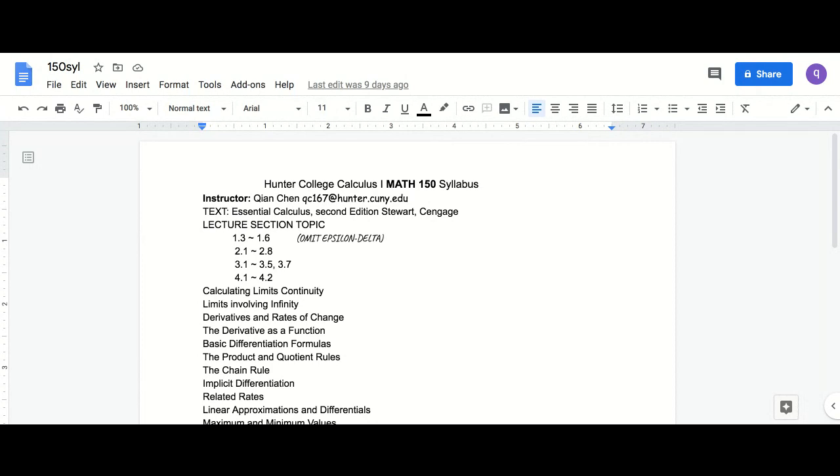Yeah, you do have multiple trials, and I think I opened all of them, and all of them are due on the last day of the semester. So you have enough time to do it, but it doesn't mean you have to wait until the last minute to do it.